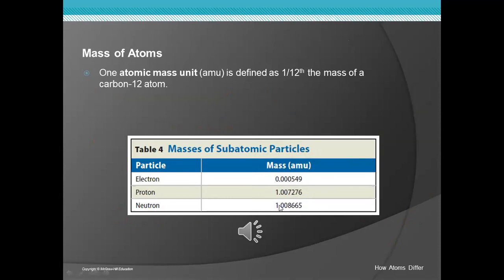We observe that the mass of electrons is very, very small and can be neglected. But we can't neglect the mass of protons and neutrons. So 1 AMU is nearly, but not exactly, equal to 1 proton and 1 neutron.